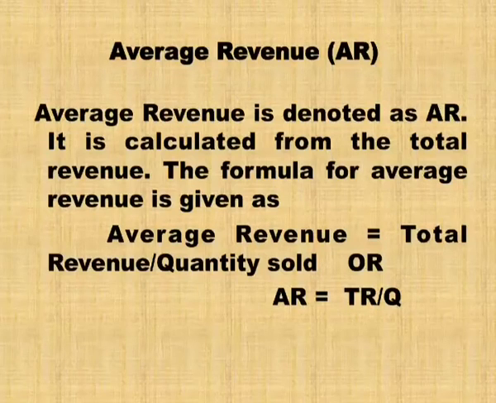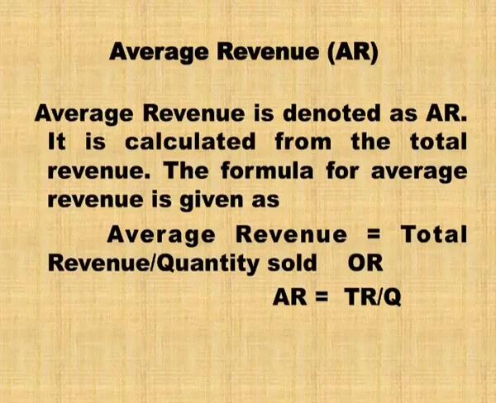Let us quickly brush through average and marginal revenue. Average revenue, which is denoted as AR, is calculated from the total revenue by dividing total revenue with the quantity sold.